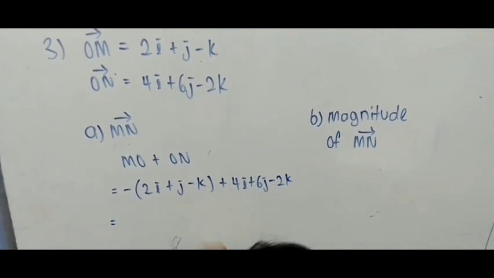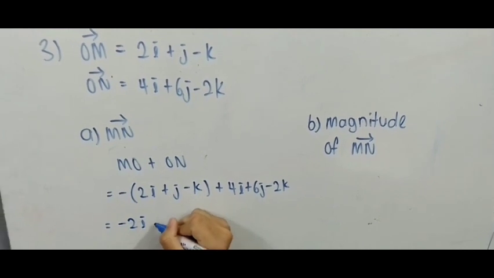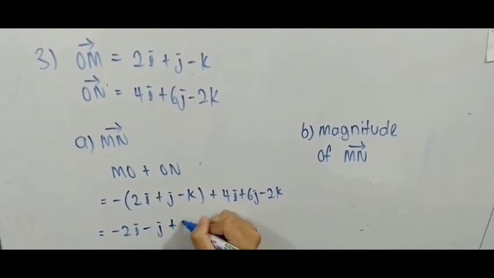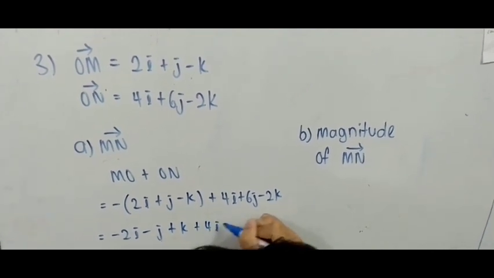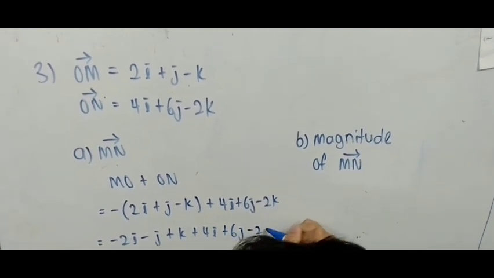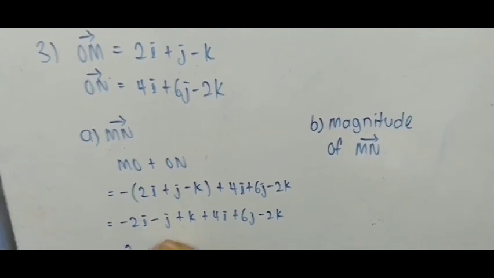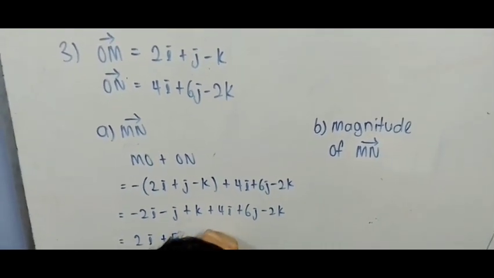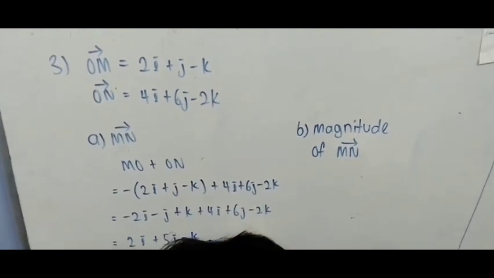So we will get negative 2i minus j plus k plus 4i plus 6j minus 2k. And the answer we will get is 2i plus 5j minus k.